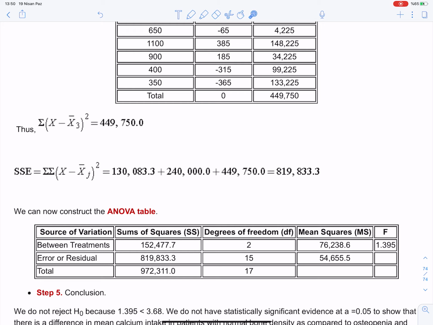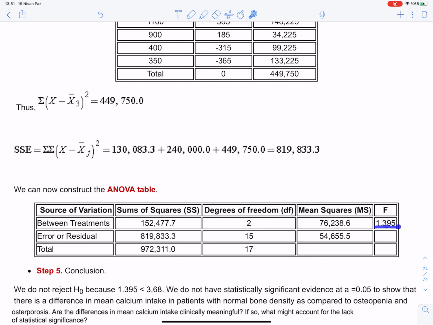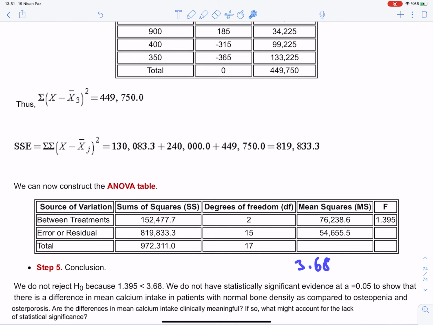Okay, and this one is calculated in the previous sum of squares of the treatment, the sum of squares between. Dividing those two, the F statistic becomes 1.395. The conclusion: is this value greater than 3.68, the critical value?